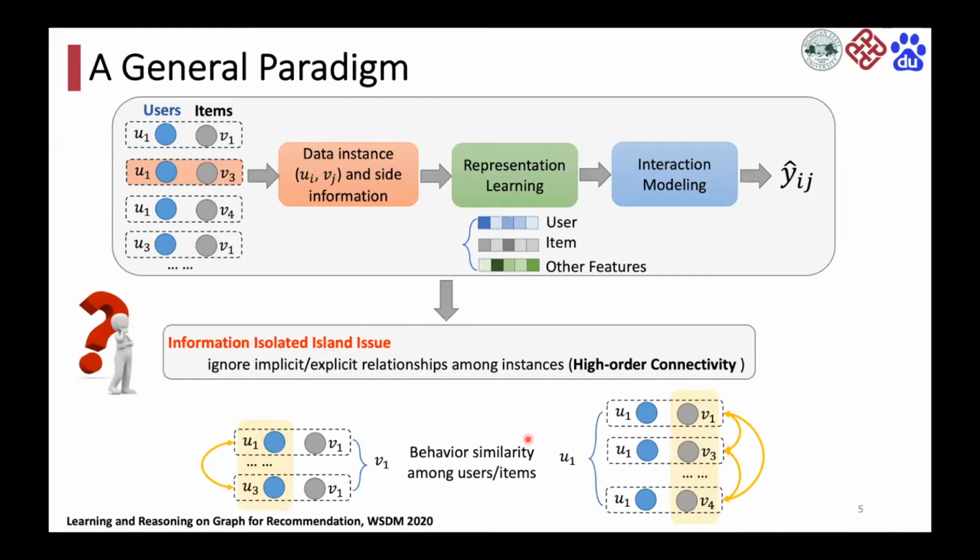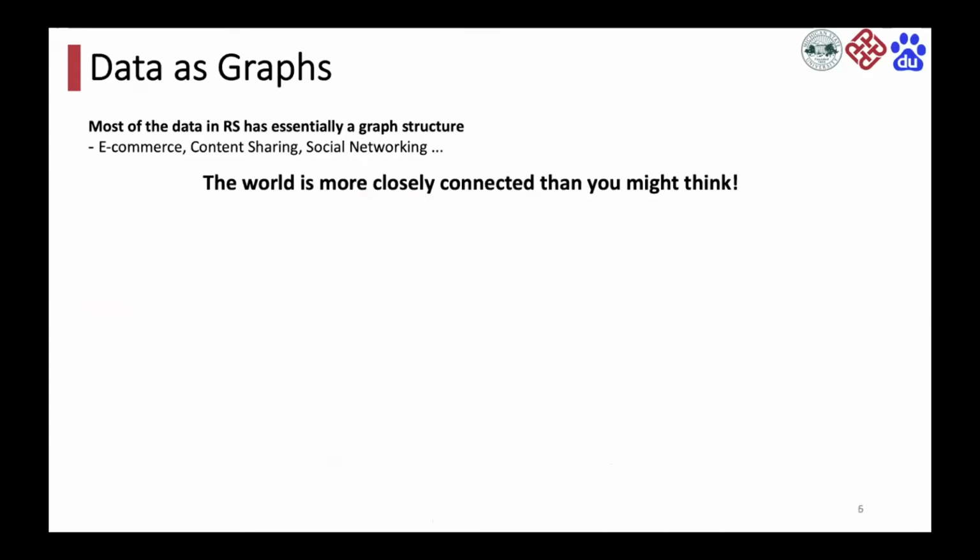For example, there are behavior similarities among the users and items. And the information isolation in such a paradigm overlooks the relationships among the instances, which may result in suboptimal performance.